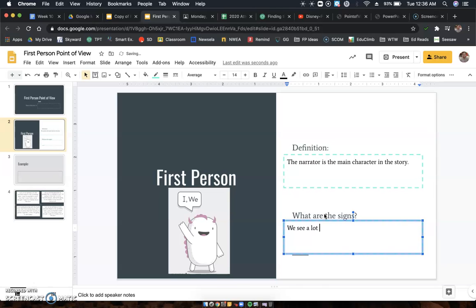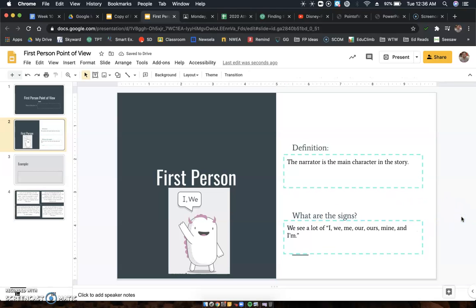We see a lot of, in quotations, I, we, me, our, ours, mine, and I'm. So in first person point of view, we see a lot of these pronouns.